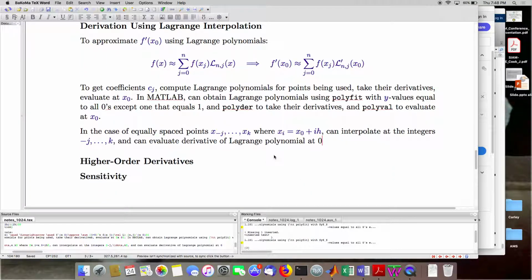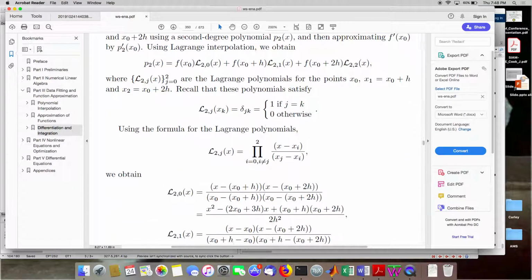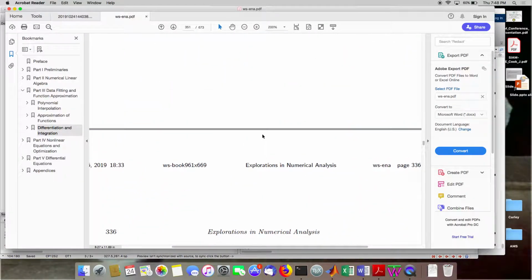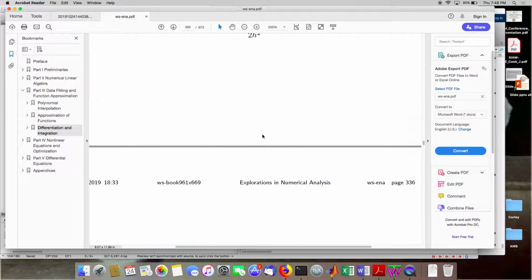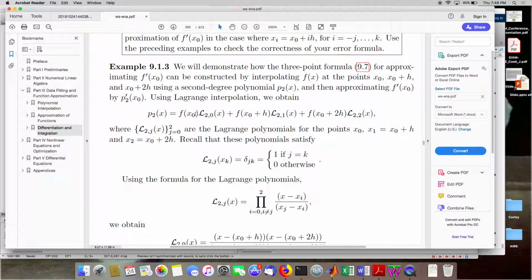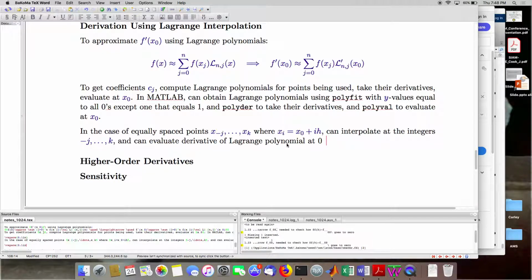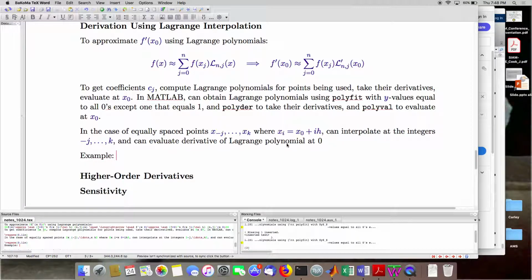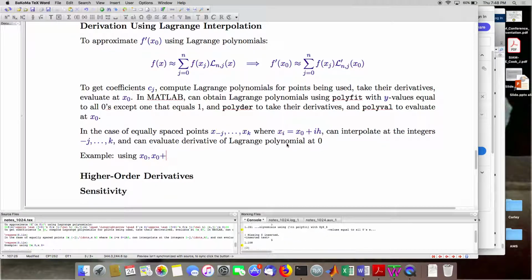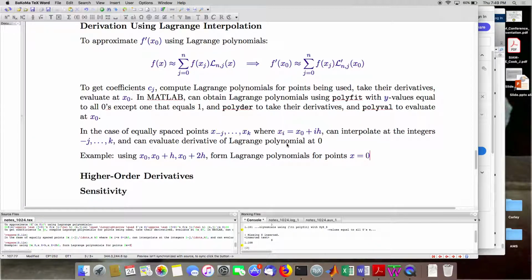Okay, so using the same points, x naught, x naught plus h, x naught plus 2h, form Lagrange polynomials for points x equals 0, 1, 2.